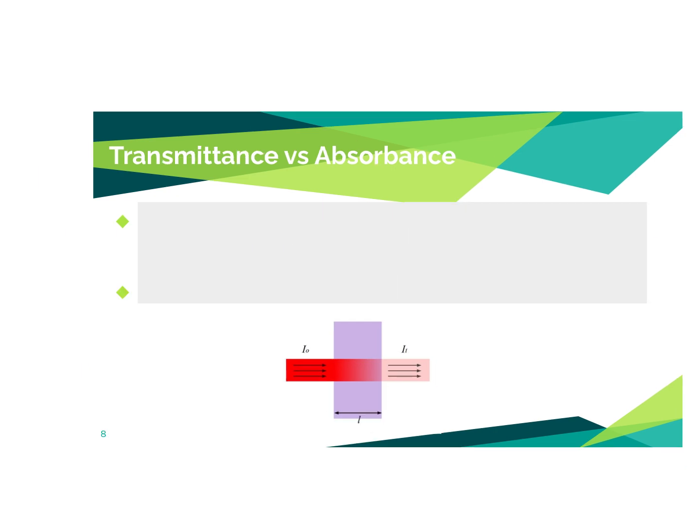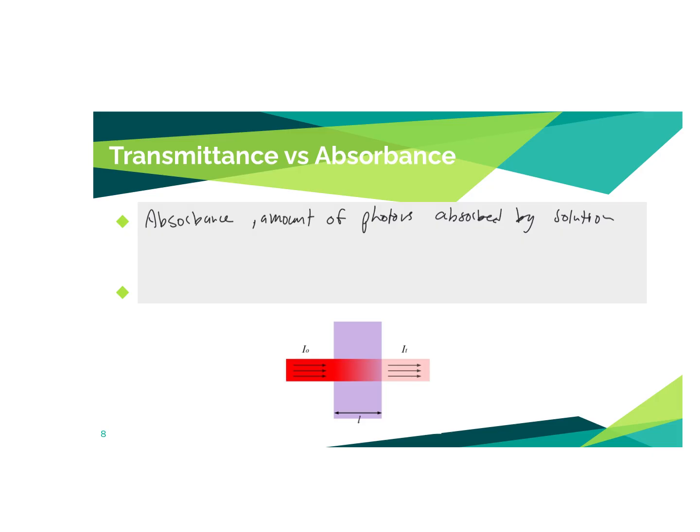Now, transmittance isn't really the most useful measurement for us to use, and so we're instead interested in the absorbance, which is the amount of photons absorbed by the solution.